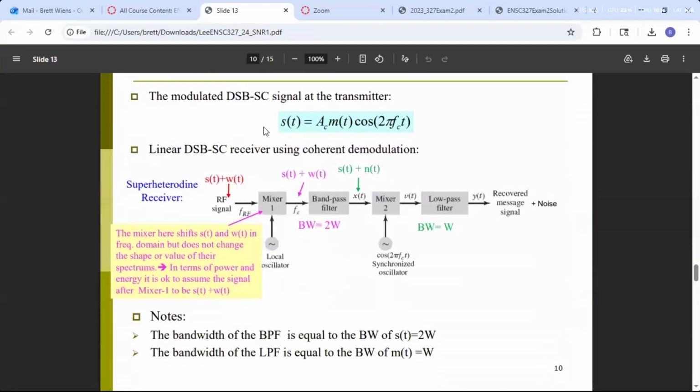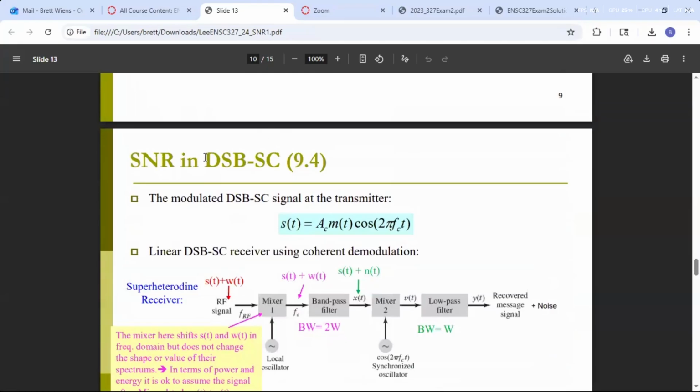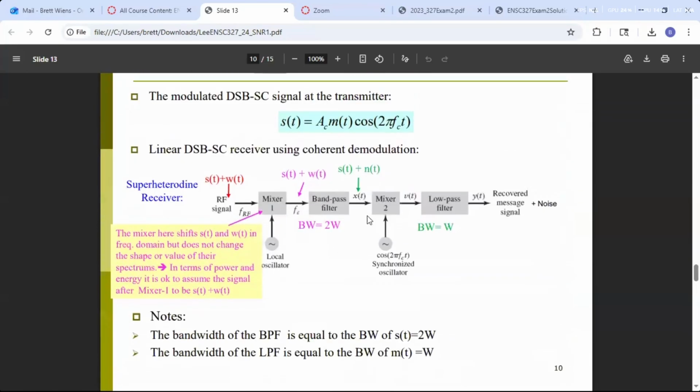So here, I think in these slides, he's talking about the SNR equations for the dual sideband with suppressed carrier. So if you remember, we're dealing with the superheterodyne system. So we have our RF signal coming in at some sort of frequency, right? First, we kind of pre-filter it to get rid of its image, and then we mix it by a local oscillator to move the RF signal.